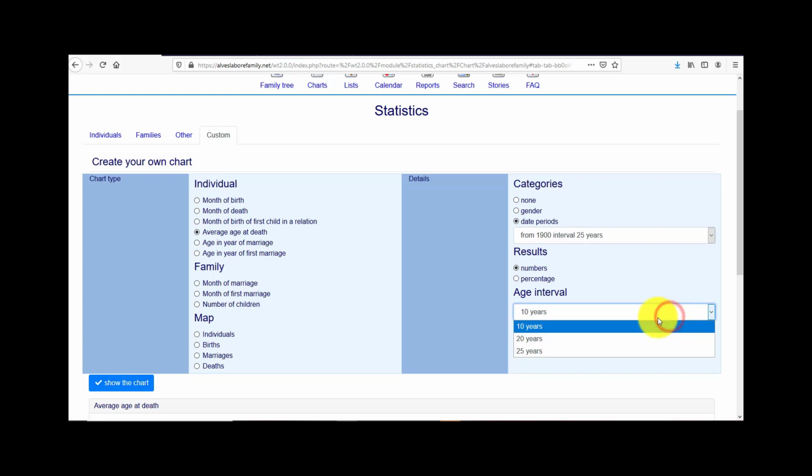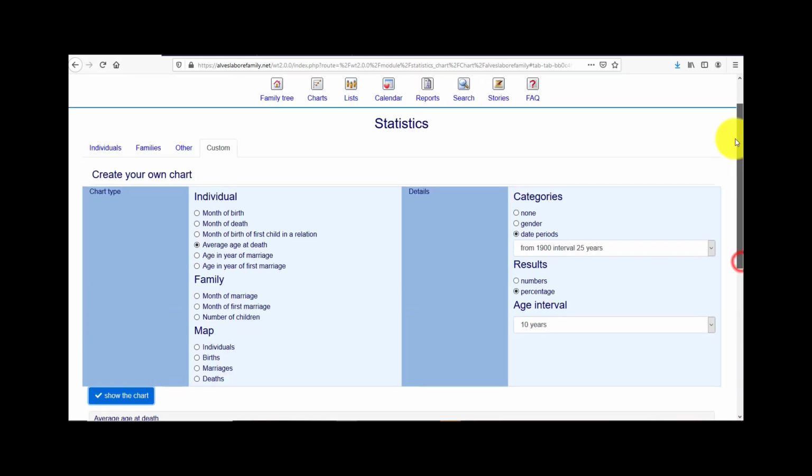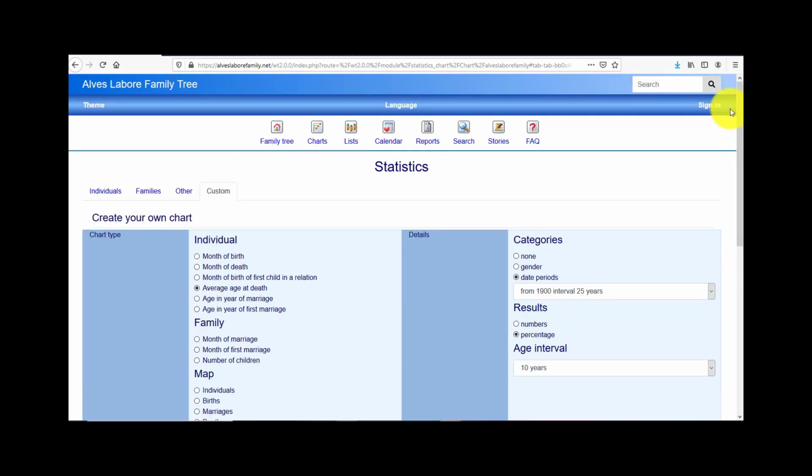And you can change this to here, and you can also do it by percentage, if you want by percentage instead. We'll do that. So very interesting to play with.